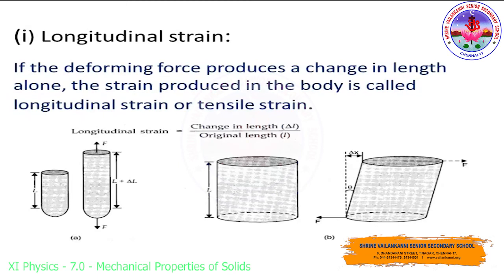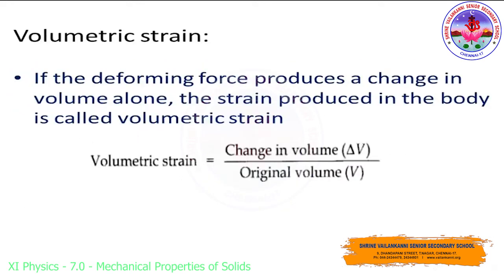The ratio of change in length to the original length is the longitudinal strain. Volumetric strain is the ratio of change in volume to the original volume, that is change in volume delta V divided by original volume V. So this is volumetric strain, the change in the volume.